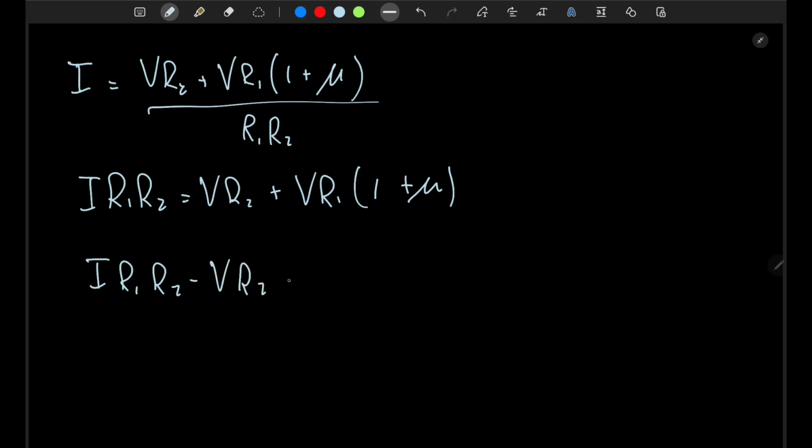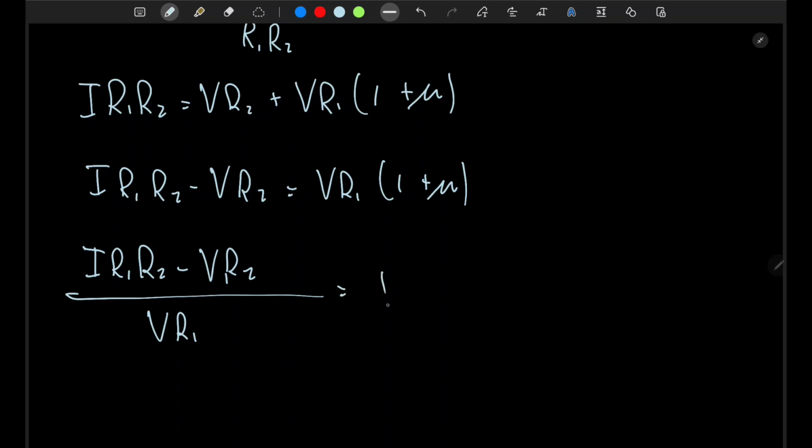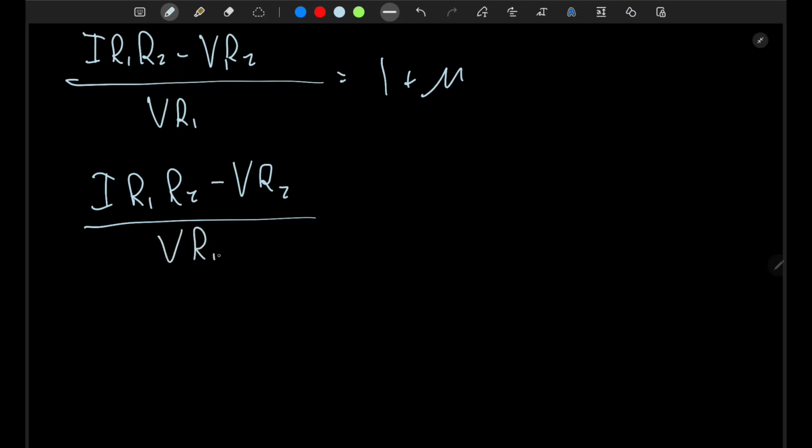Minus VR2 is equal to VR1, 1 plus mu, and then we want to move this diagonally down across the equal sign. So we're going to have I, R1, R2 minus VR2 all divided by VR1 equal to 1 plus mu, and there we can just move the 1 over, change the sign, and then we are going to be left with I, R1, R2 minus VR2 over VR1 minus 1 is equal to mu.